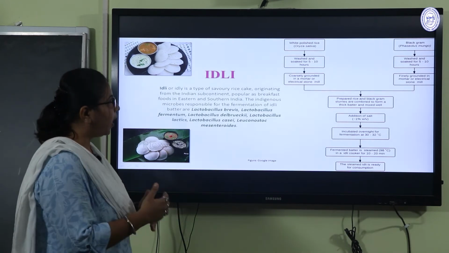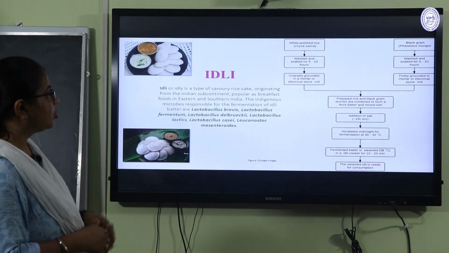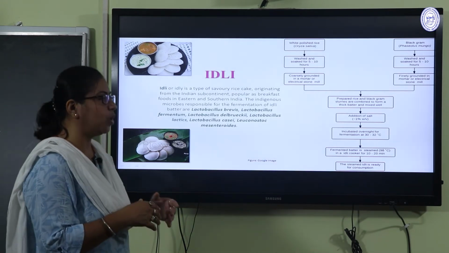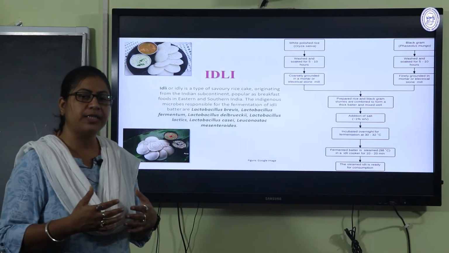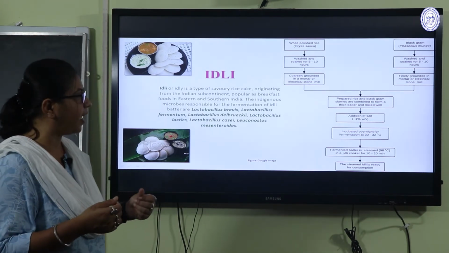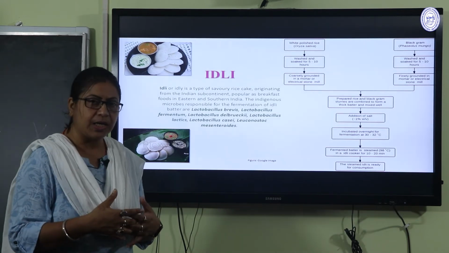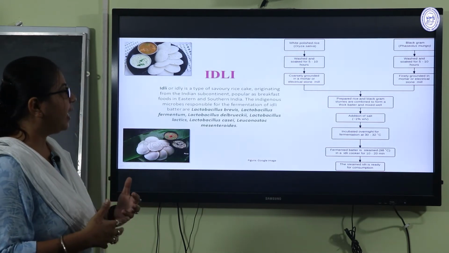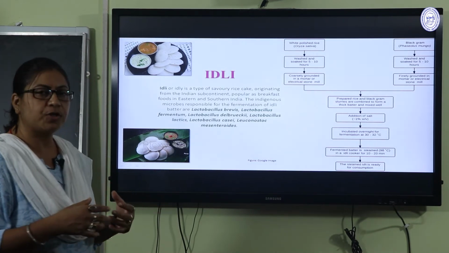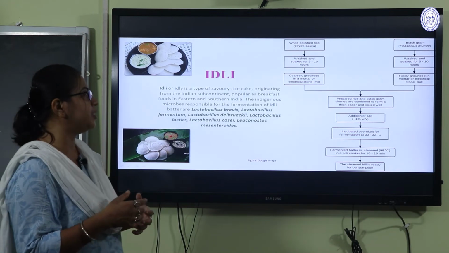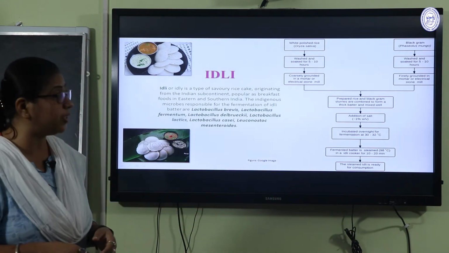First of all, white polished rice is taken, and black gram is also taken. Both of them are separately washed and soaked for 5 to 10 hours. They are finely ground into a fine batter-like paste. Both batters are then mixed in a suitable proportion, and after mixing the thick batters, salt at 1% weight by volume is added, and they are incubated overnight for fermentation at 30 to 32 degrees centigrade.